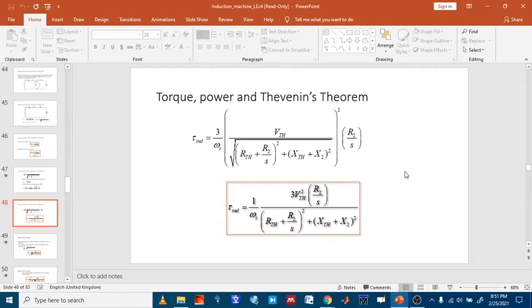At starting, motor speed is 0. Therefore, the slip is equal to 1. So at starting, we just replace s by 1, and the starting torque will be reduced to 1 over omega s times VTH squared times R2. S is 1, you don't consider it, and this part R2 will be 1. Do you get it?